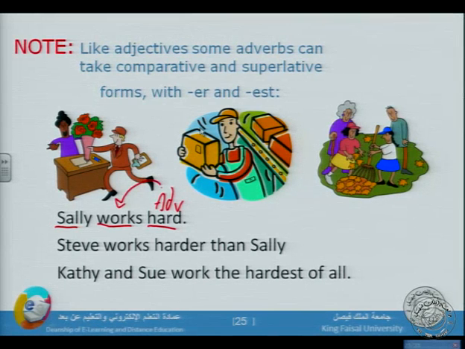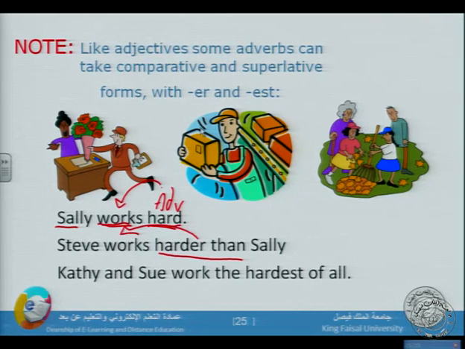It describes works. هي تصف الأفعال والفعل هو work. بينما الادجكتيف الصفات تصف الأسماء. أوكي؟ ولاحظوا بالعادة الظروف تأتي ما بعد المين فيرب في بعض الحالات، وفي بعض الحالات الأخرى قد تستبقه. Steve works harder than Sally. Harder than. هذا comparative adverb because it describes works.